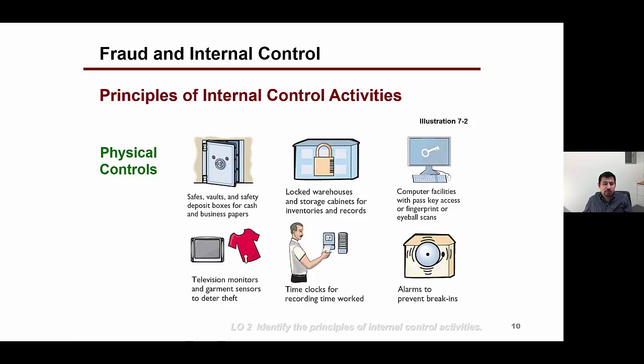Of course, not leaving cash in an open area or accessible to multiple people. Checks also the same way, etc. So those are to actually safeguard the assets and to enhance the accuracy and reliability of accounting records.